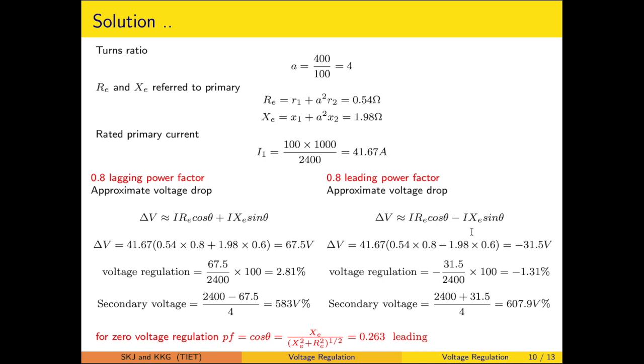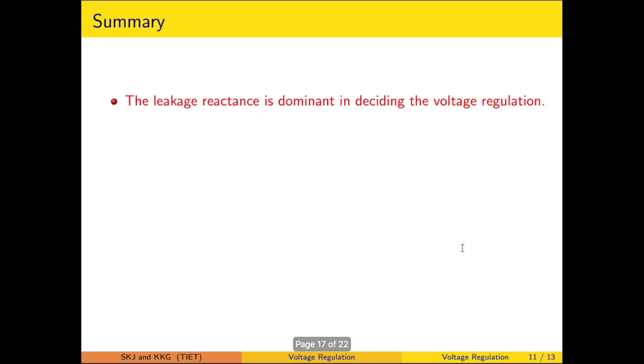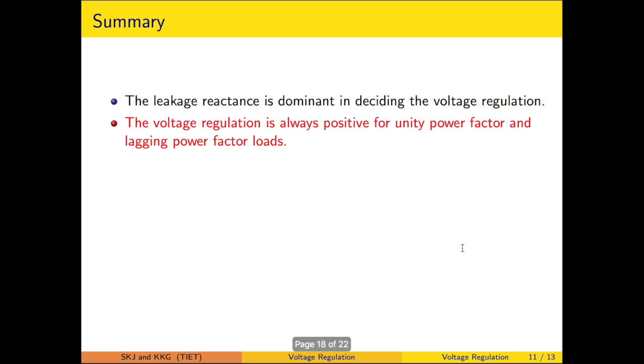If we put in the numerical values under consideration, the resistance value is 0.54 ohm and the reactance value is 1.98 ohm. The reactance value is about 4 times the resistance value, and that suggests that the reactance predominates in the voltage regulation. So as a summary, the leakage reactance is dominant in deciding the voltage regulation.